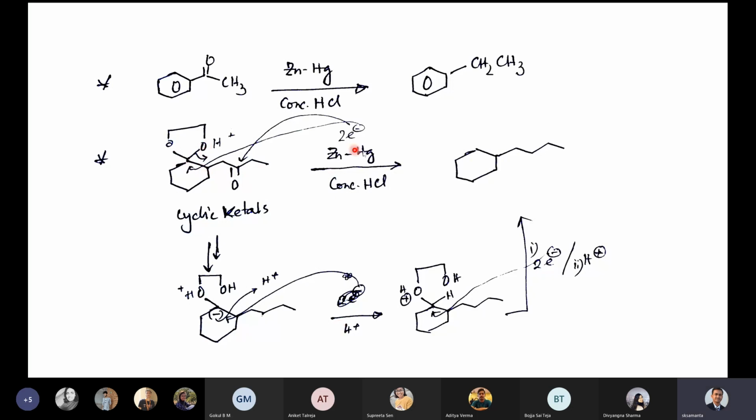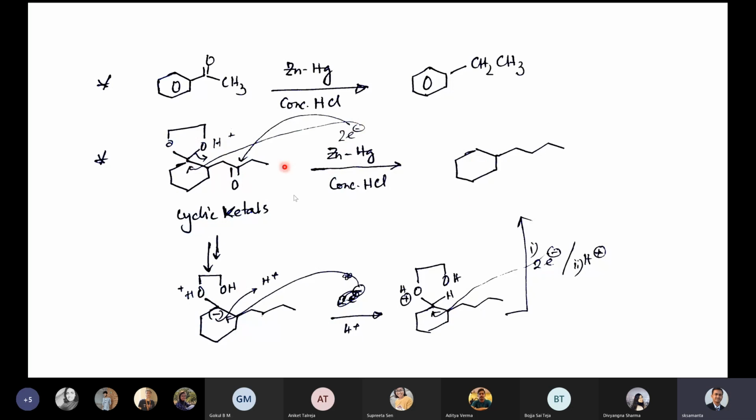So you have this zinc amalgam in the presence of concentrated HCl. This oxygen will again take up a proton to protonate, and then this electronic charge can attack here to form this negative charge. Then again this will take up the proton and similarly one more time the same reaction will give the same product.